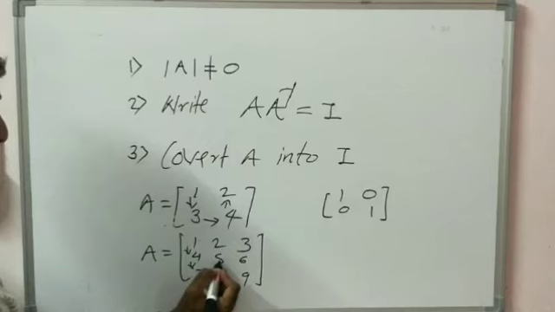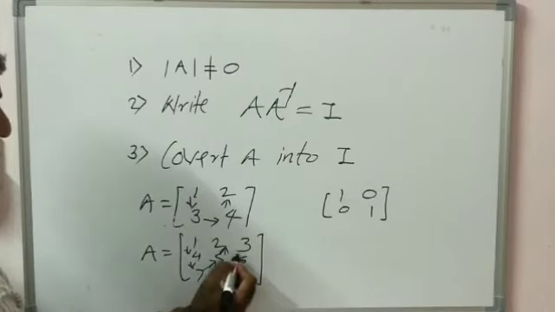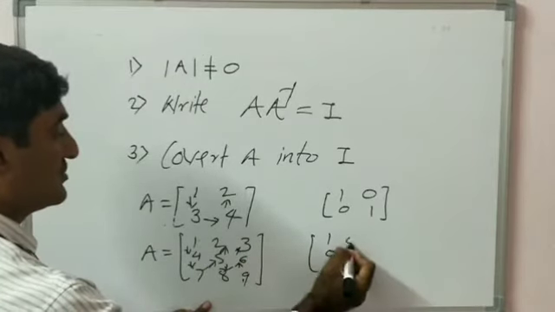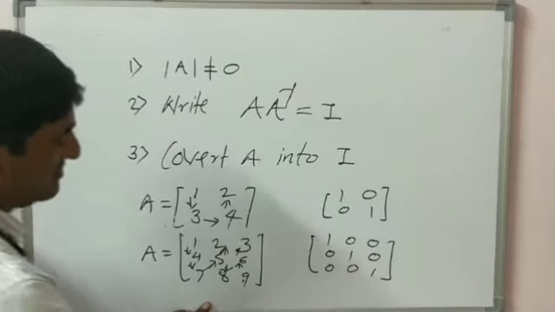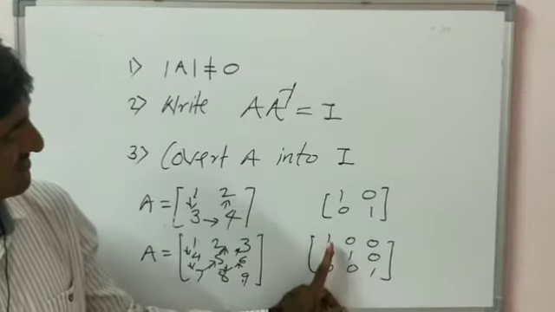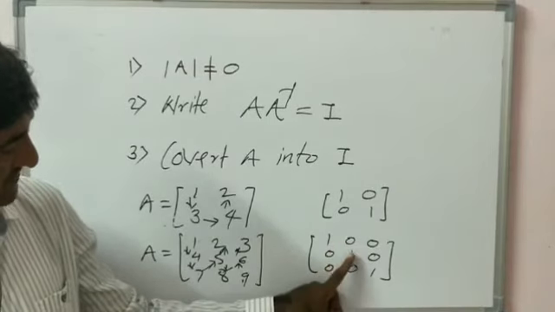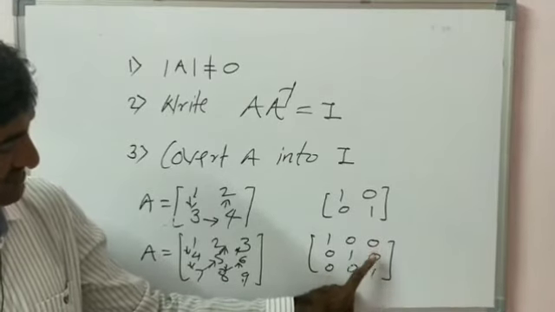After this 0, this is the 1, then this 0 and this 0, then this 1, and lastly these 2 zeros. This is 1 0 0, 0 1 0, 0 0 1. First this one, then these 2 zeros, this one, then these 2 zeros, then this one, and then these 2 zeros.